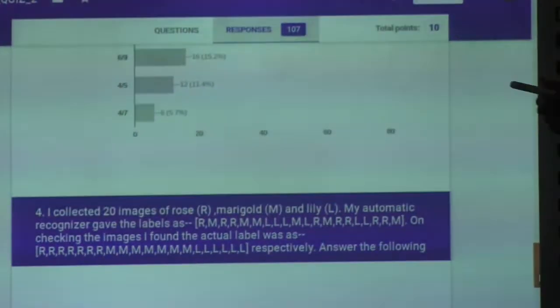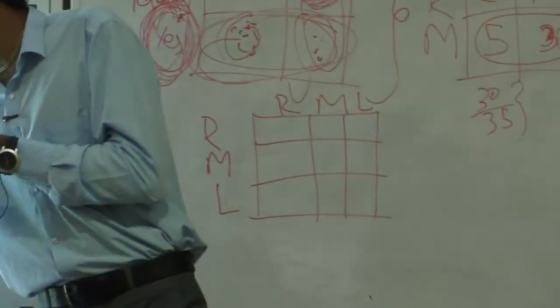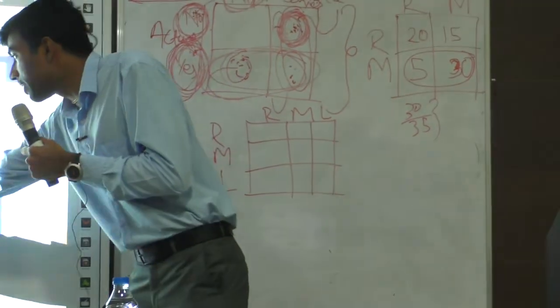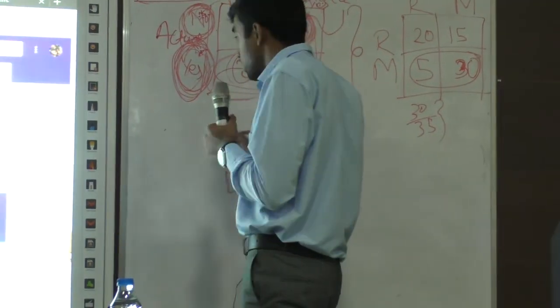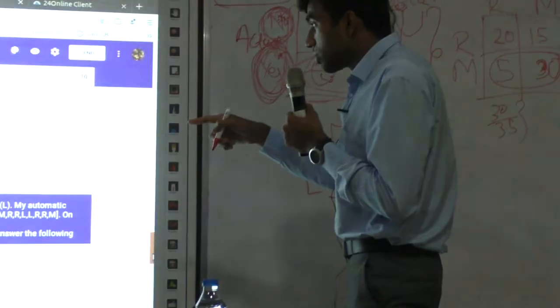Okay. So how many are there actually? There are 7 marigolds. Out of that it is predicting 3. So 3 and the rest. How many marigolds?